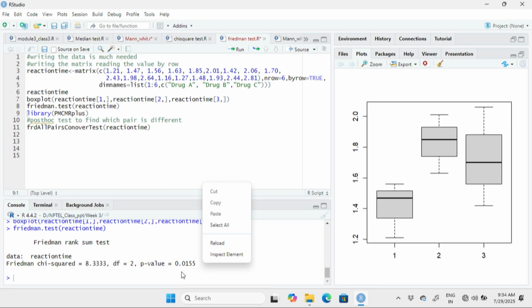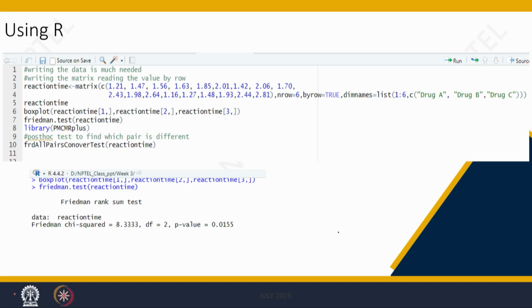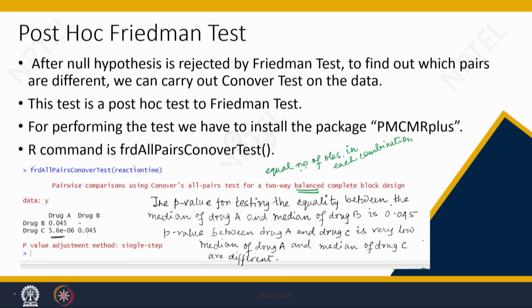Let us get to the PPT again for a post hoc analysis. After your null hypothesis is rejected, just like the Kruskal-Wallis test, you can also find which pairs are different, for which pair your null hypothesis is going to be rejected. In post hoc Friedman test, there is one common test called Conover test.